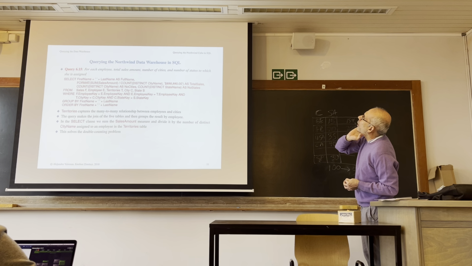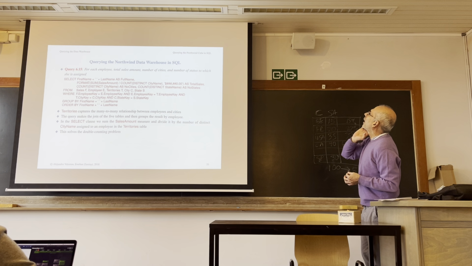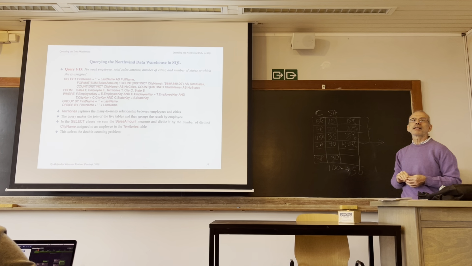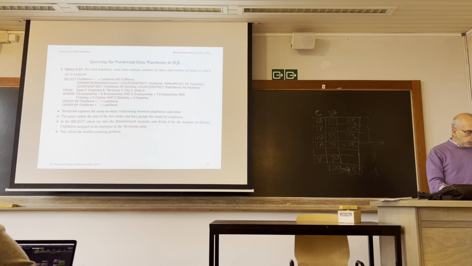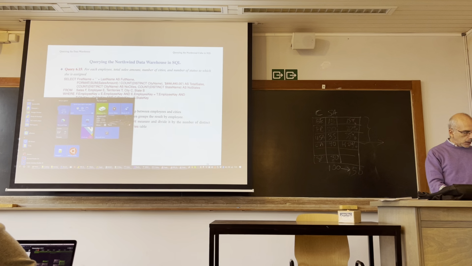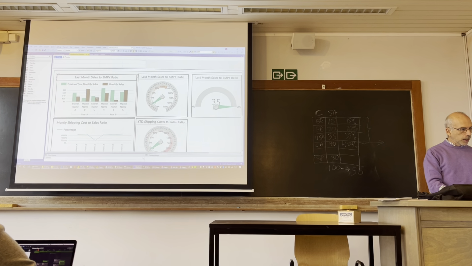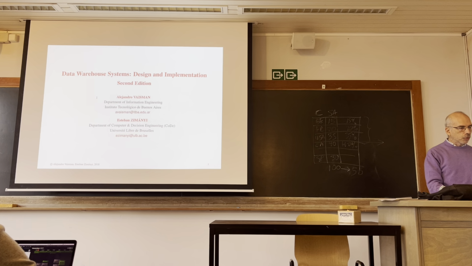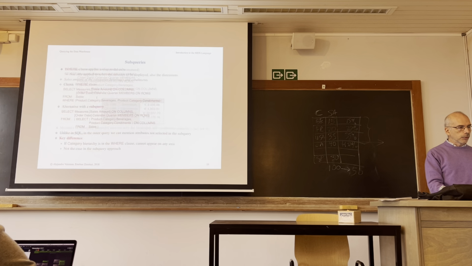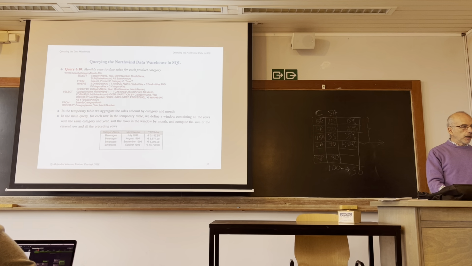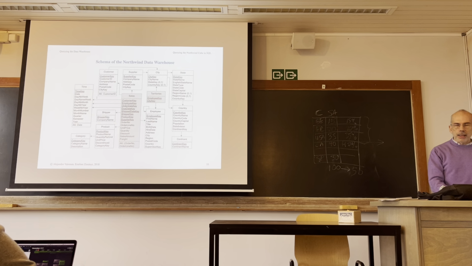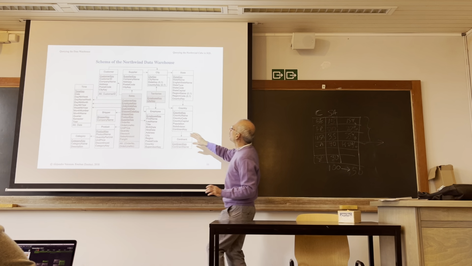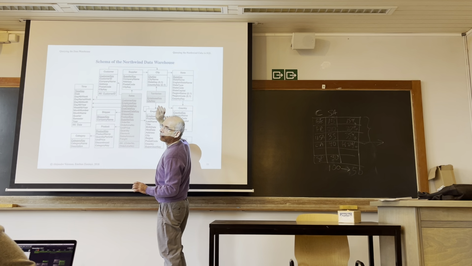For each employee, total sales amount, number of cities, and number of states to which she is assigned. As you remember, I told you at the beginning, we have a many-to-many relationship between employees and city.